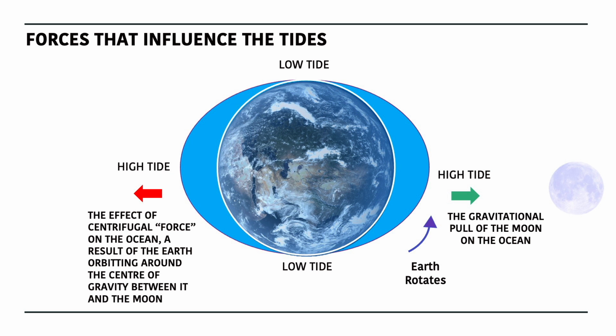To explain this a little bit further, while the Moon does orbit around the Earth, the Earth is also affected by the Moon, and this causes it to have a tiny orbit. This tiny orbit creates this centrifugal force, which results in a high tide on the other side of the Earth from the Moon.